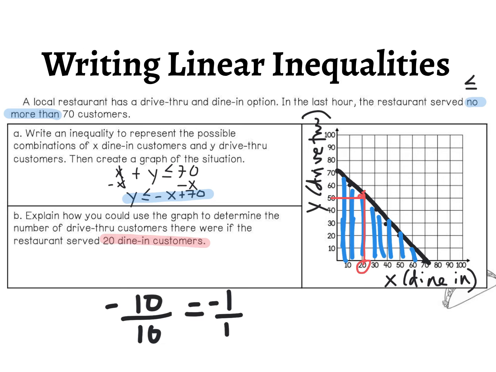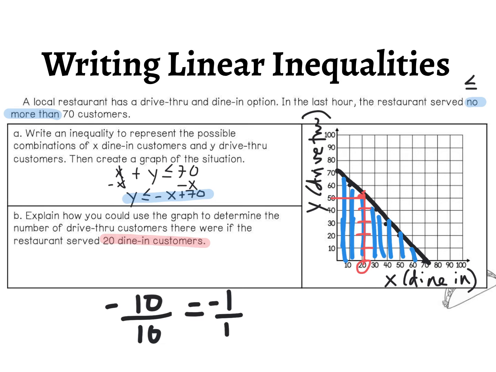So if I have 20, I could have 10 drive-throughs. 20 plus 10 is 30. That's still less than 70. I could have 20 drive-throughs. 20 plus 20 is 40. 20 plus 30. 20 plus 40. And 20 plus 50. All those possible scenarios would mean I would still have less than 70 customers if I knew that I served 20 dine-in customers in total.